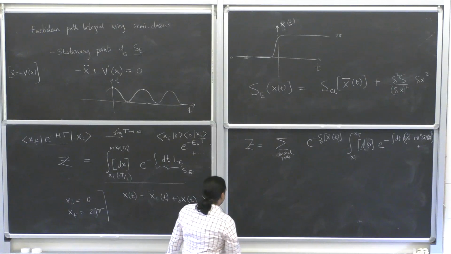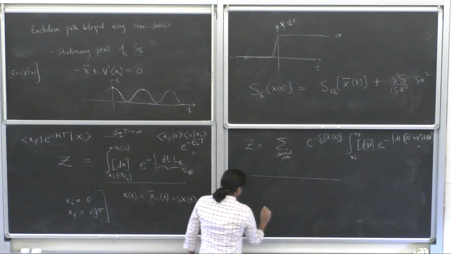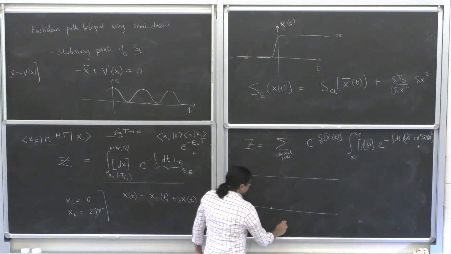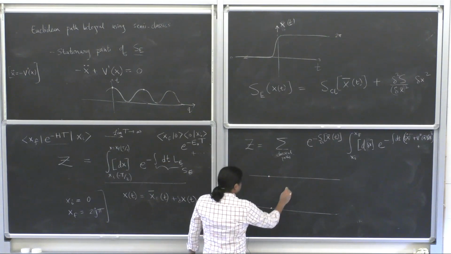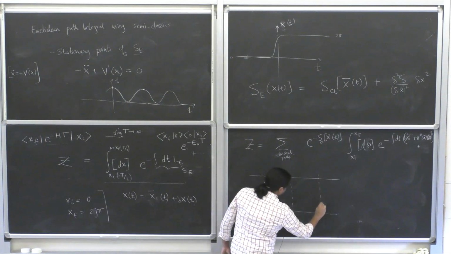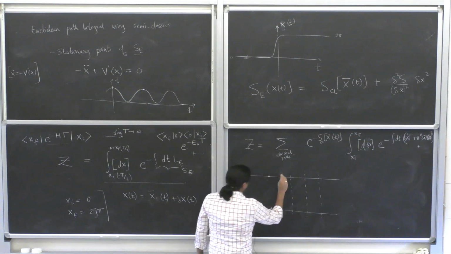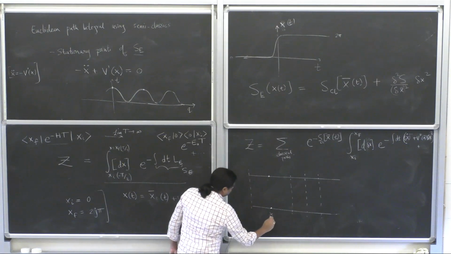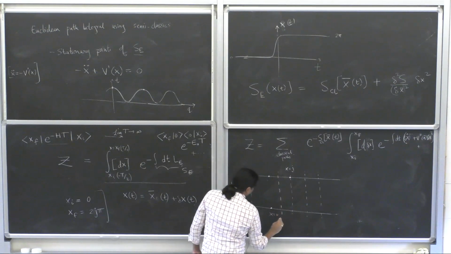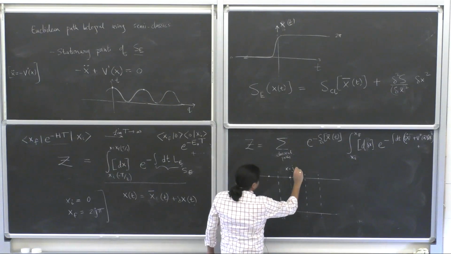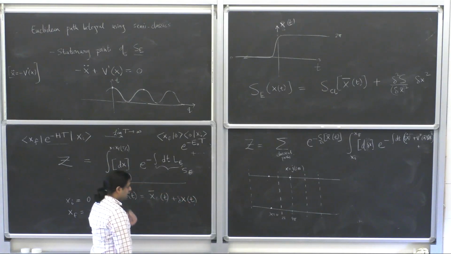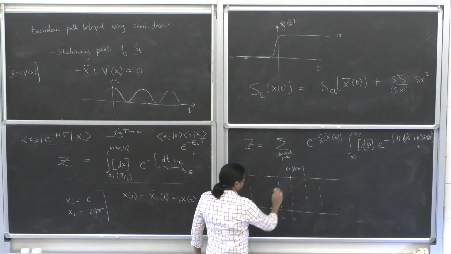Okay, so let's draw a picture again. So we have this periodic potential where the particle is starting at x equals 0 and it's ending up at x equals j.